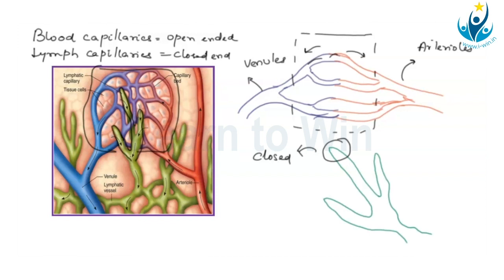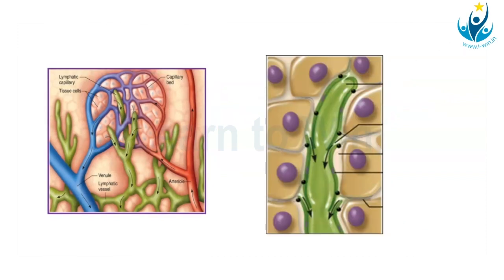Now I'm going to focus on one lymph capillary and show it to you in the diagram. Let's say one part of the lymph capillary surrounded by cells, maybe this region here. I have taken this area of the lymphatic capillary and zoomed it in this diagram.